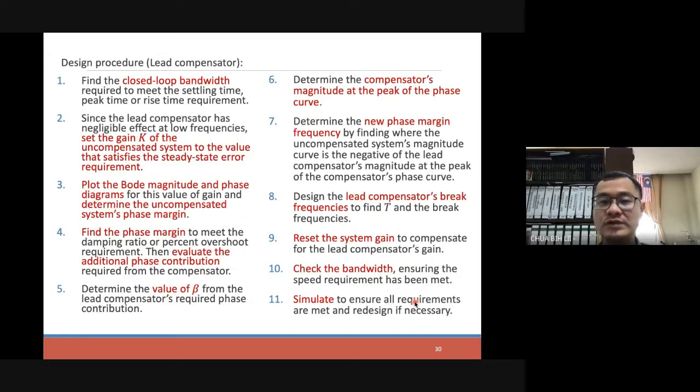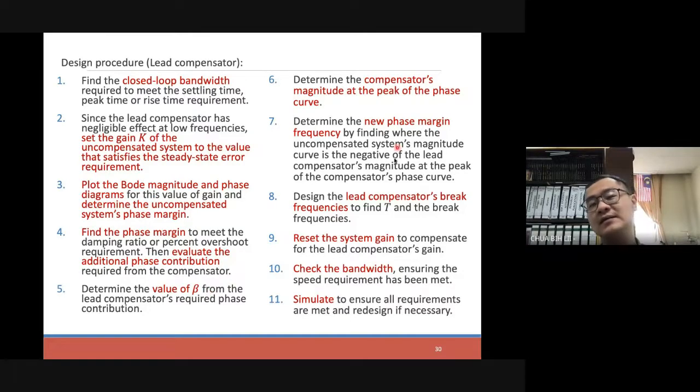Right, so we just go into the design now. Very similar, but maybe a bit longer. Closed loop bandwidth. Plot both the magnitude and phase diagram. Find the phase margin.